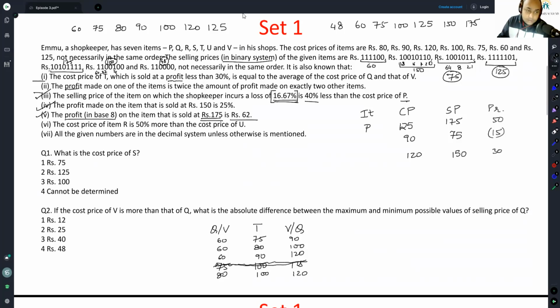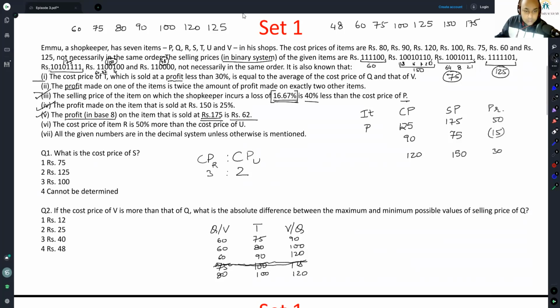Let us look at statement 5. The cost price of item R is 50% more than the cost price of U. So CPR to CPU is in the ratio 3:2. So what all cases would be possible?